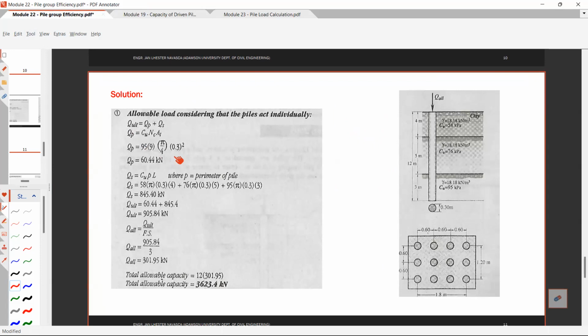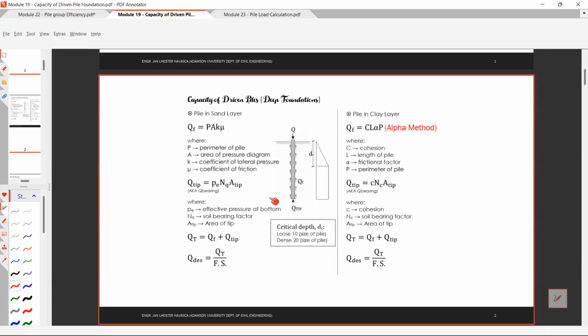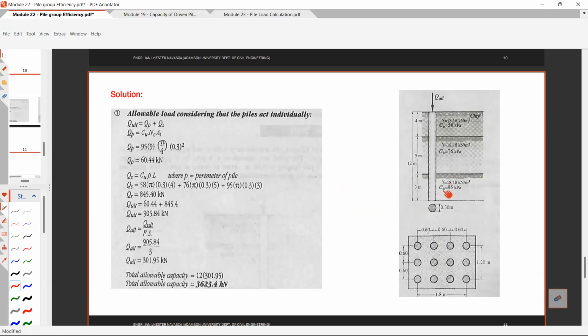So for the Q tip, we have your C Nc A tip. What is your cohesion value at the end of your clay layer? This is your cohesion value at the end of the clay layer, which is 95 kPa. Take note, this is clay, so you no longer need to use the other formula. So it is a clay layer, therefore for the very last layer, the end is 95 kPa.